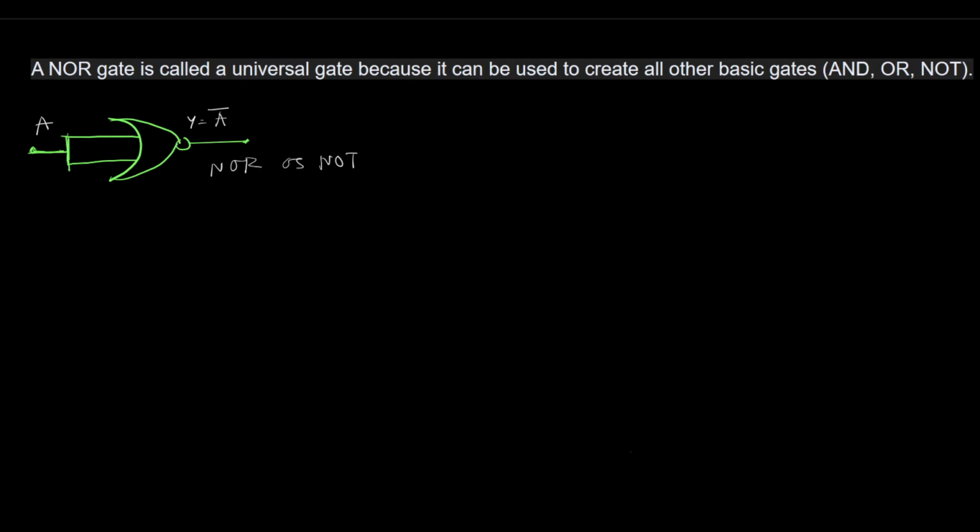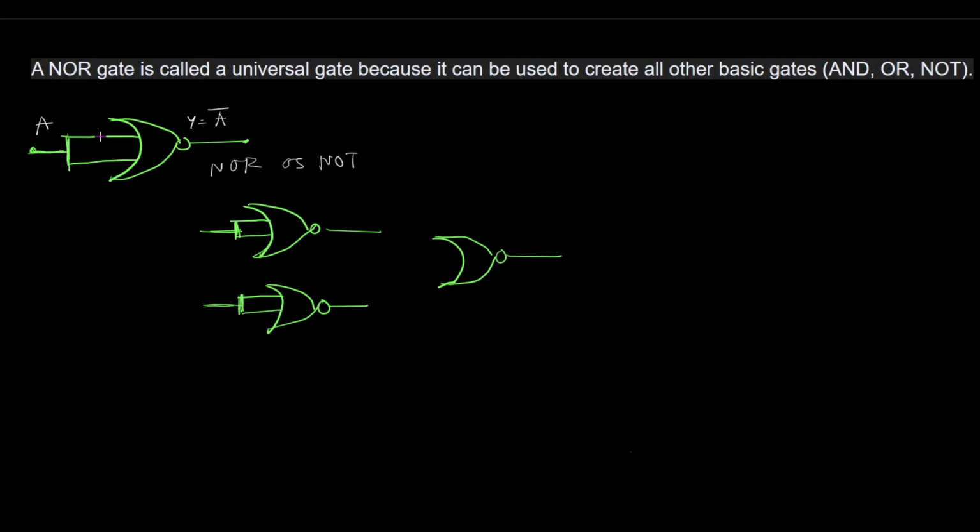Next come to AND gate. So now we have taken two NOR gates here and interconnected their inputs like this. Next let me draw another NOR gate like this.